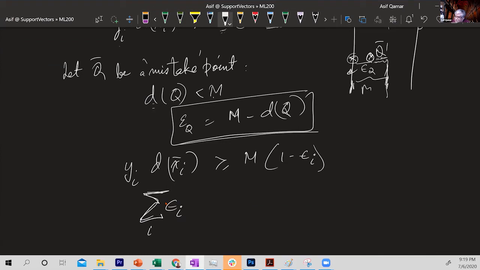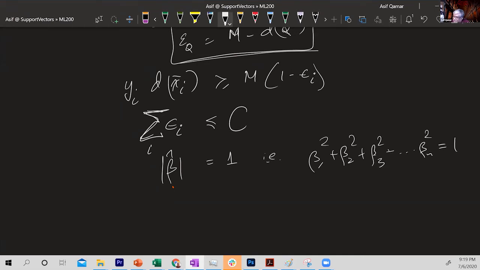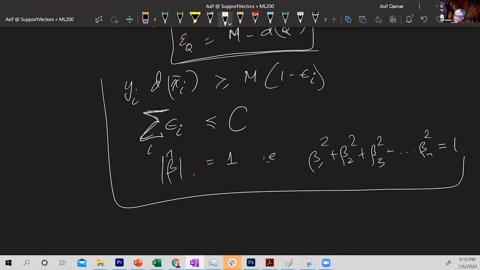The sum of all the mistakes should be less than or equal to a constraint, isn't it, guys? This is true. And finally, the one obvious statement is that the norm of beta is equal to 1, i.e. beta 1 squared plus beta 2 squared plus beta 3 squared up to beta n squared is equal to 1, right? So these three. The root is that this is just a small adaptation over the hard margin classifier.